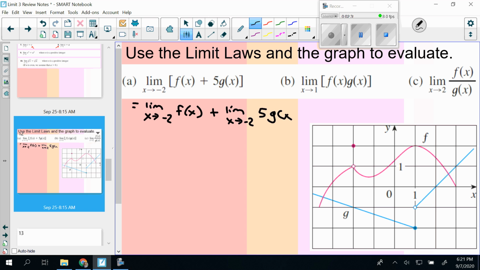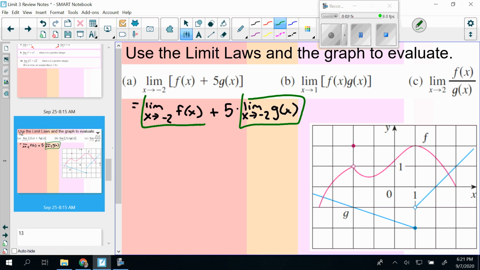And then this 5 here is a constant being multiplied, so we can slide that 5 outside and just find the limit first and then multiply it back by the 5. And these two limits we should now be able to find from the graph.